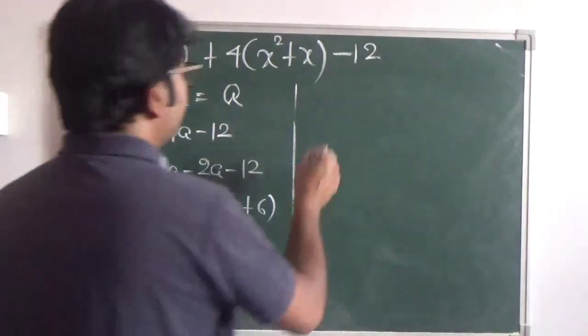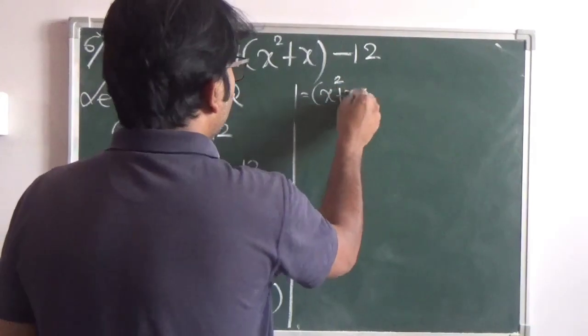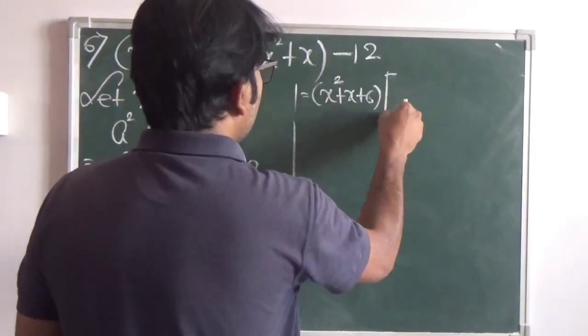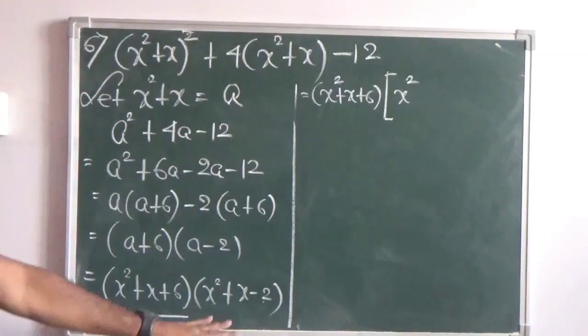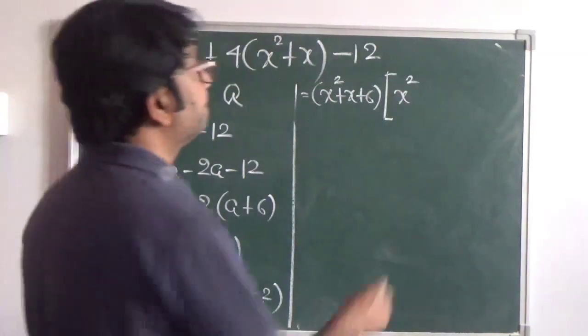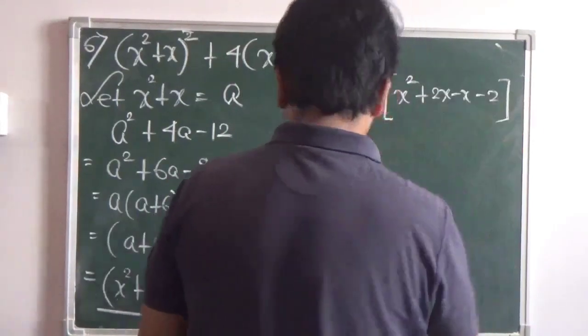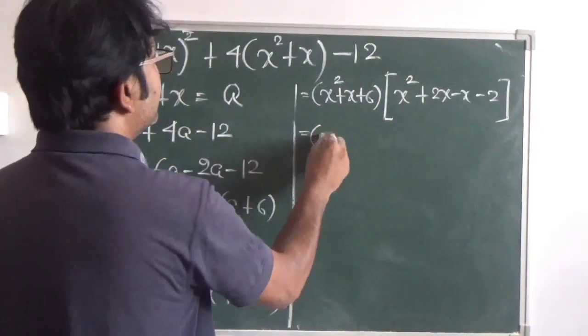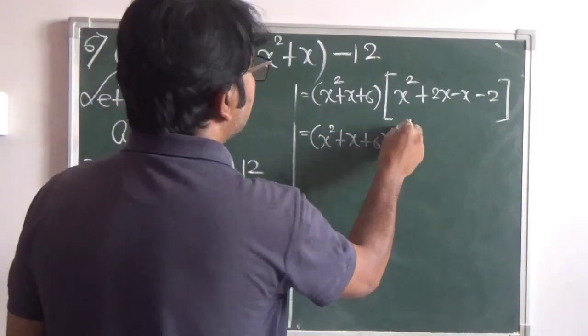This can be factorized. So it equals x square plus x plus 6. So we'll write it as x square minus 2x. You can write it as 2x minus x minus 2. So it becomes x square plus x plus 6.